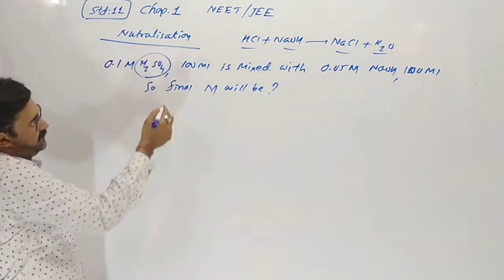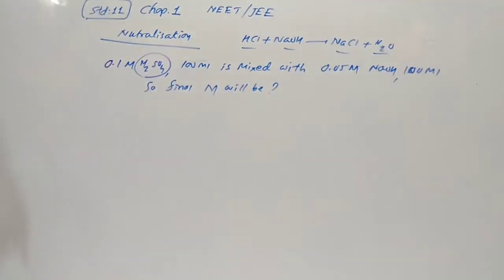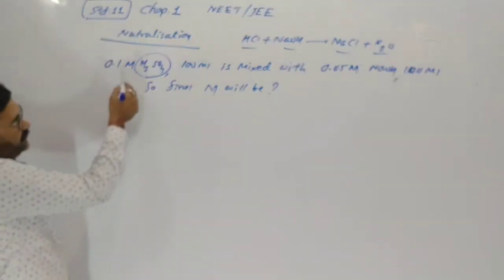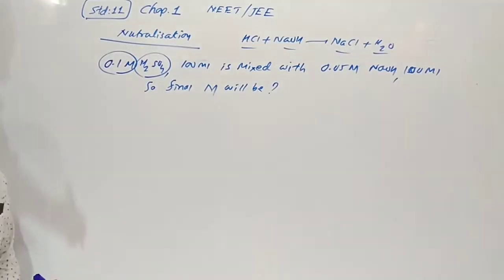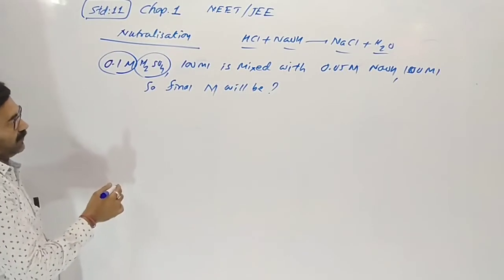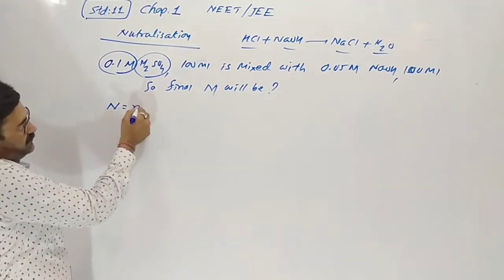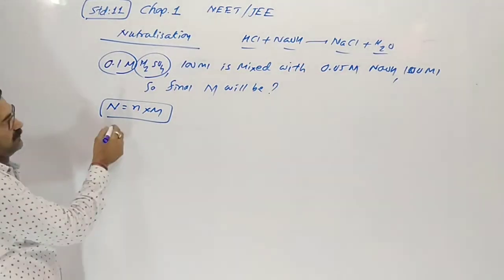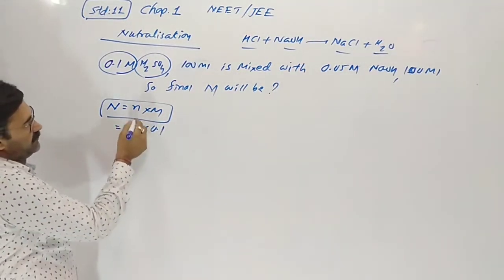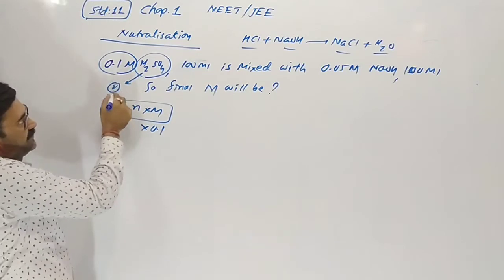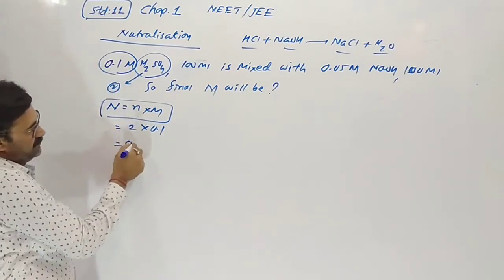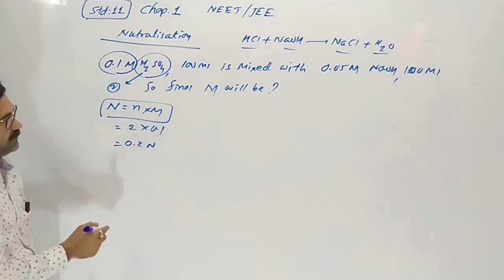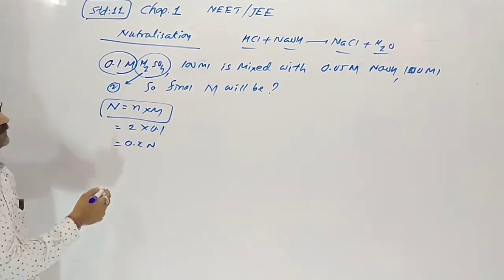One is acid and one is base. So first of all, molarity we have to convert into normality, compulsory. We know normality equals basicity into M. Molarity is 0.1, the basicity of sulfuric acid is 2, so it is 0.1 into 2, which is 0.2.